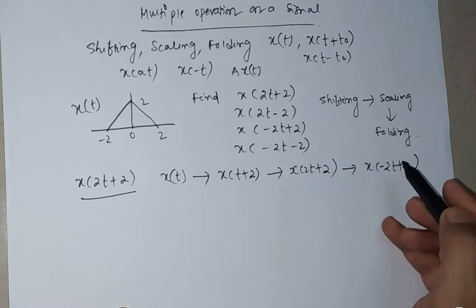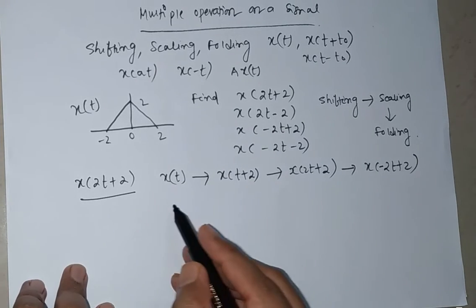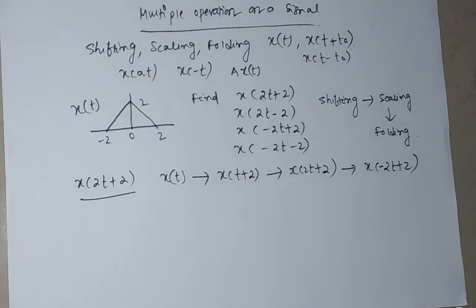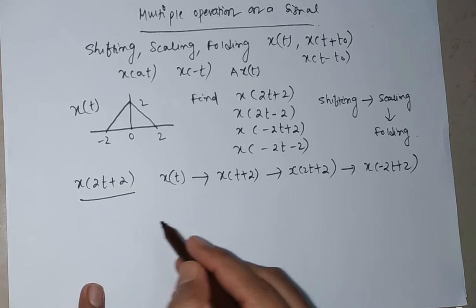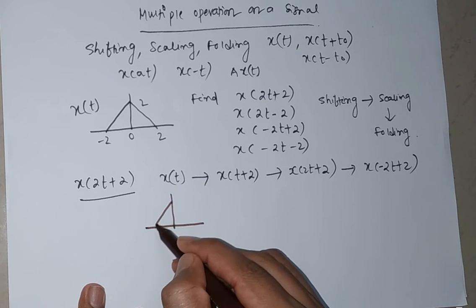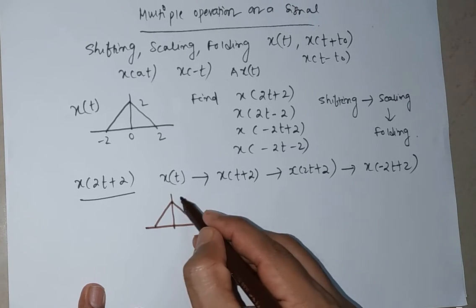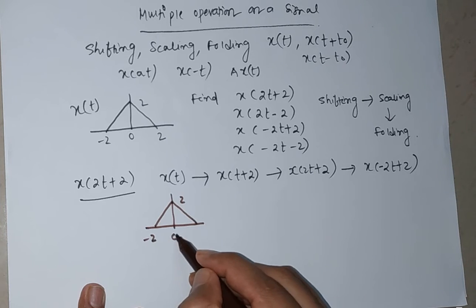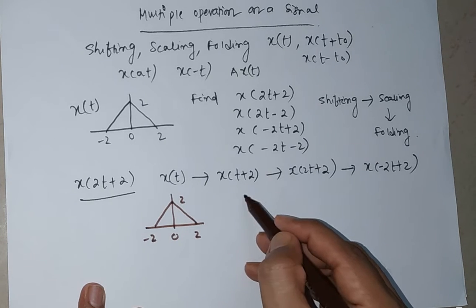Now just follow this sequence. Now I will show you here. That is easy. This is your x of t. Now x of t plus 2.